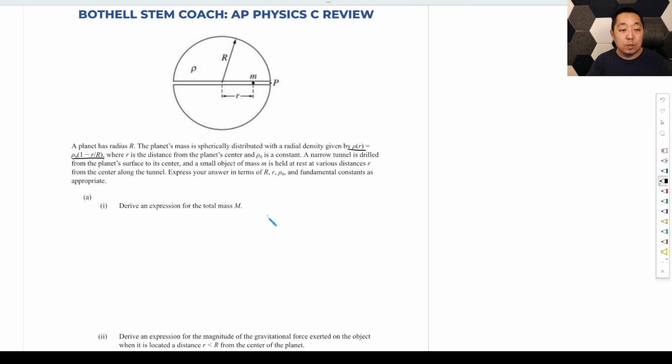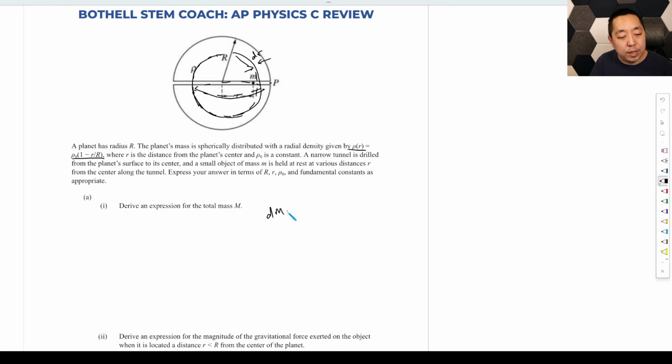So this is you breaking it up into concentric shells. The way you want to think about it is, look, because the density is radial, in order to add up the masses, I've got to think about a thin shell here that has a thickness of dr. And I want to think, what is the mass of that shell?